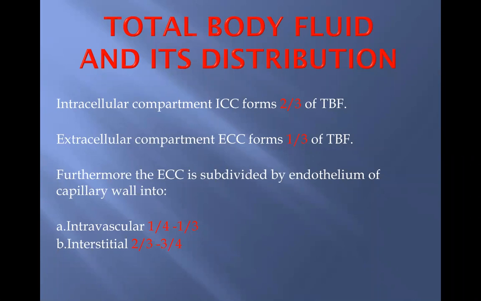Furthermore, the extracellular compartment is subdivided by the endothelium of the capillary wall into intravascular and interstitial compartments. The intravascular compartment is composed of about one-fourth to one-third, and the interstitial compartment consists of about two-thirds to three-quarters of the extracellular compartment.